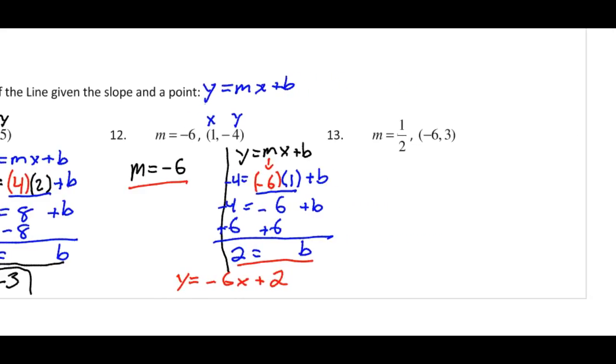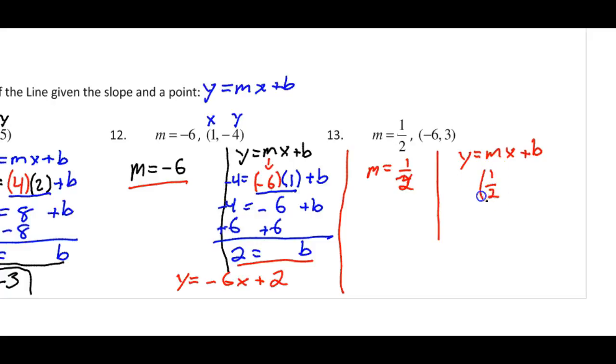Okay, let's just do one more. So already given the slope. And let's just do the y-intercept part. So we have y equals mx plus b. Very repetitive, it's just more practice. Should write 1/2, not 1/4. There we go. So I got 1/2. And x is going to be -6.